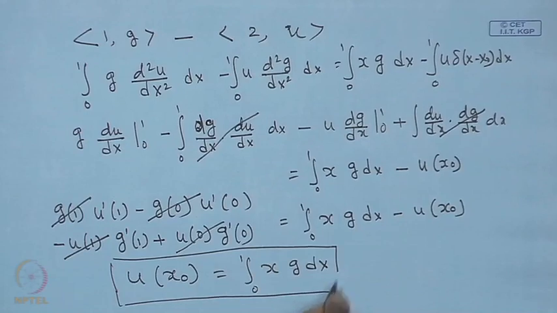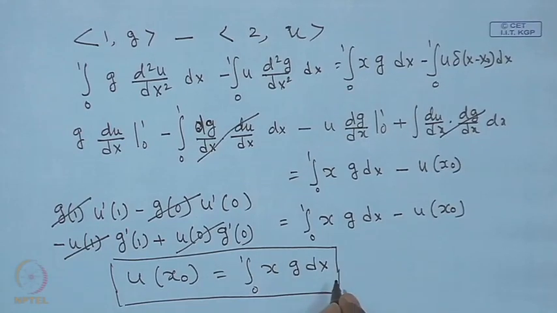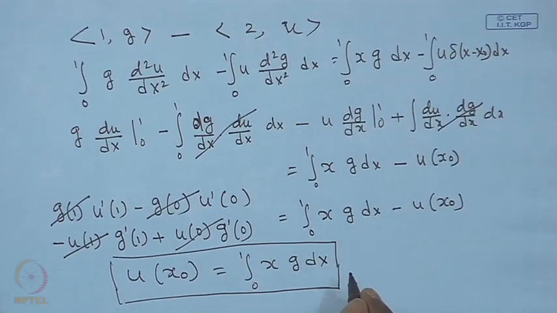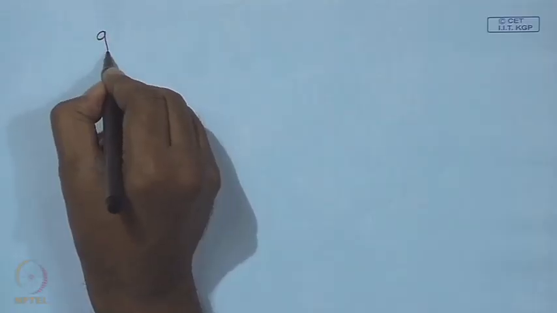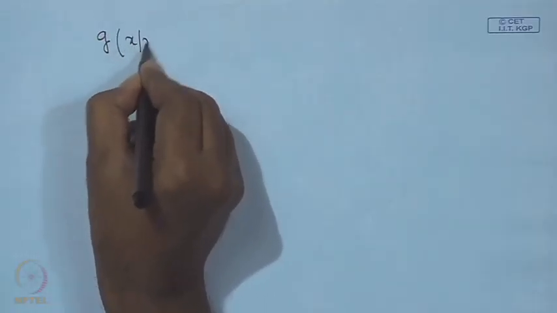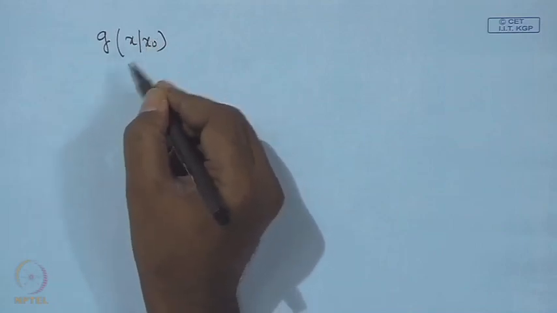But the point is, we do not have a continuous expression of g throughout the domain 0 to 1. What we have done? We have broken down the problem into two subproblems across x naught. If you remember, we evaluated g in the earlier problem for the same operator.